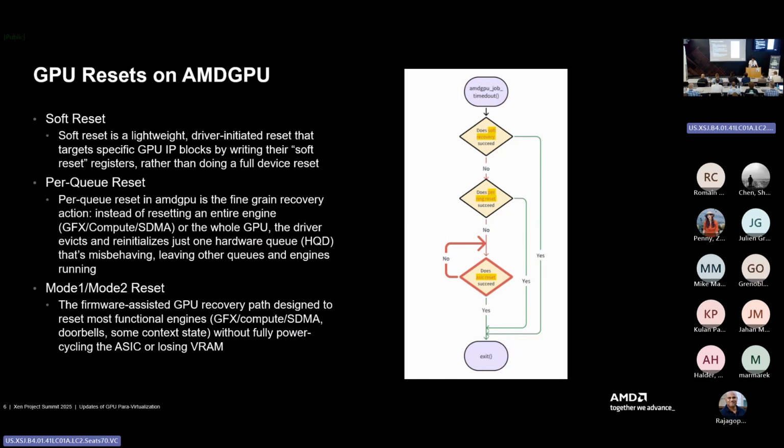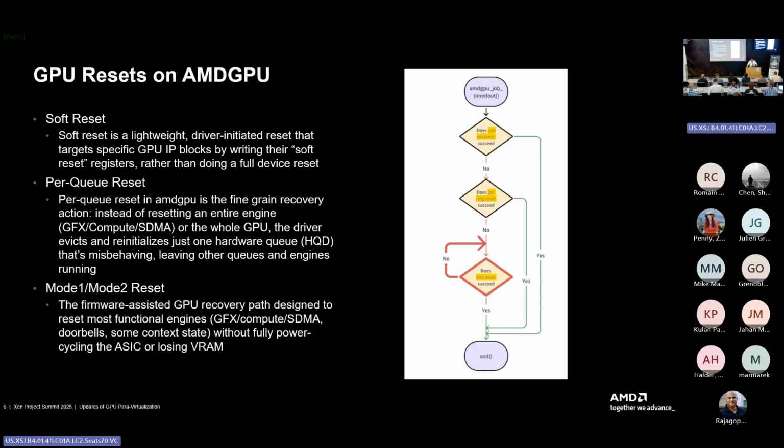The soft reset is very lightweight, and the target is to reset specific GPU IP blocks and just clear the register status, and it can only fix very few issues. It is mainly used to clear register states during hardware initialization.